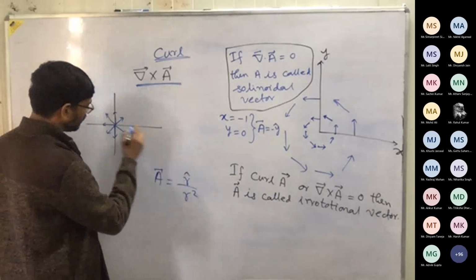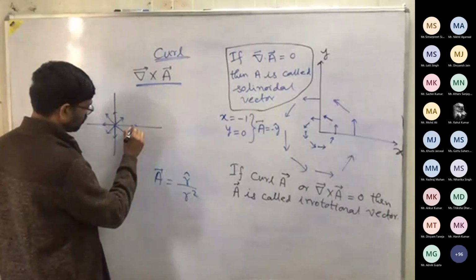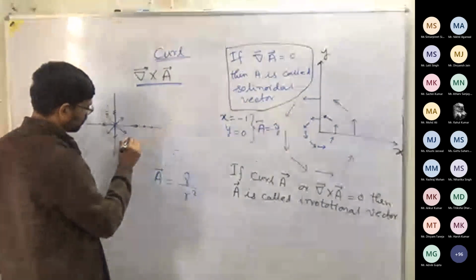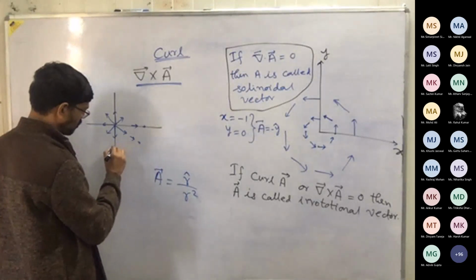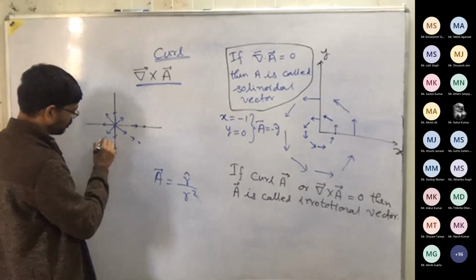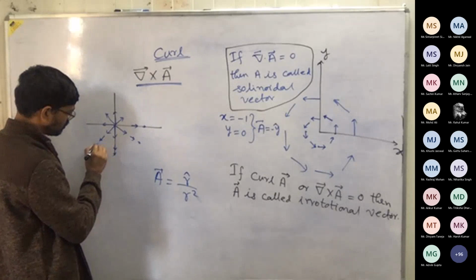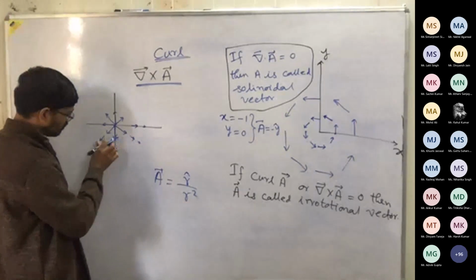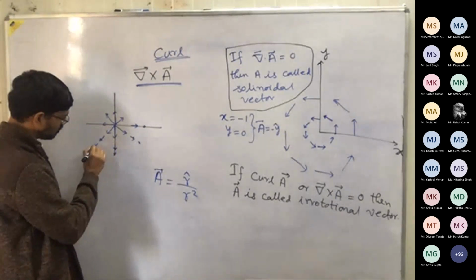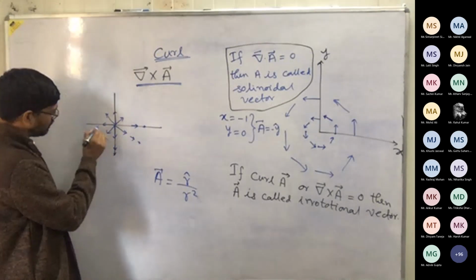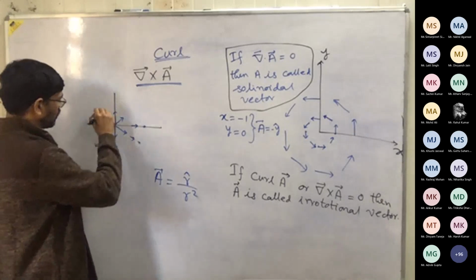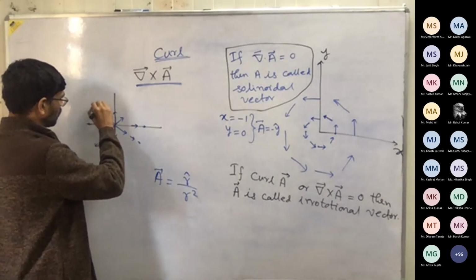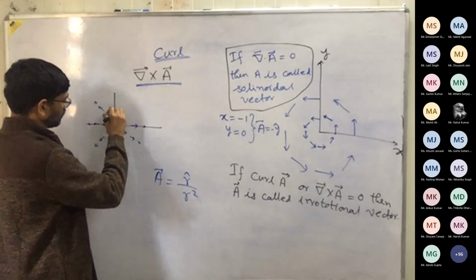This magnitude decreases. My handwriting is not that good, but at least you get some idea that the magnitude is decreasing and it has divergence.